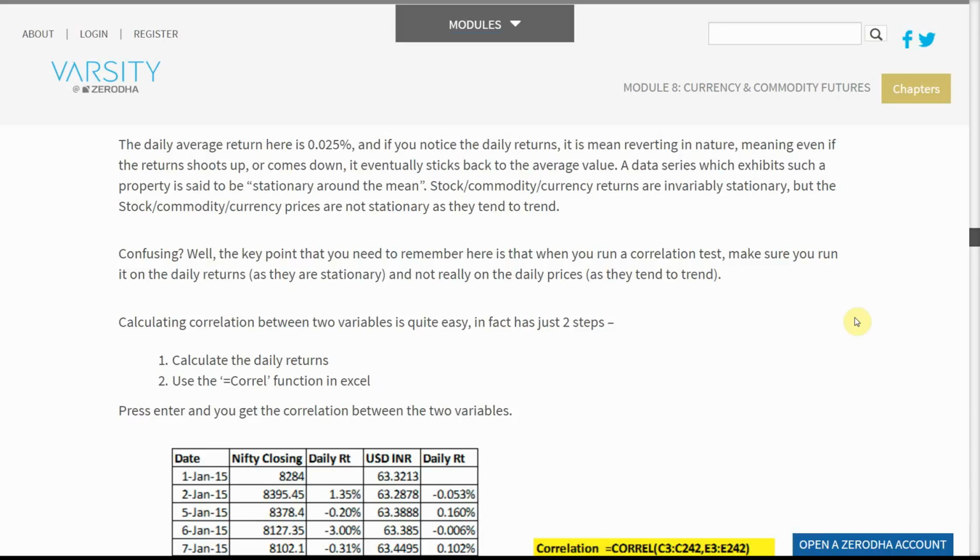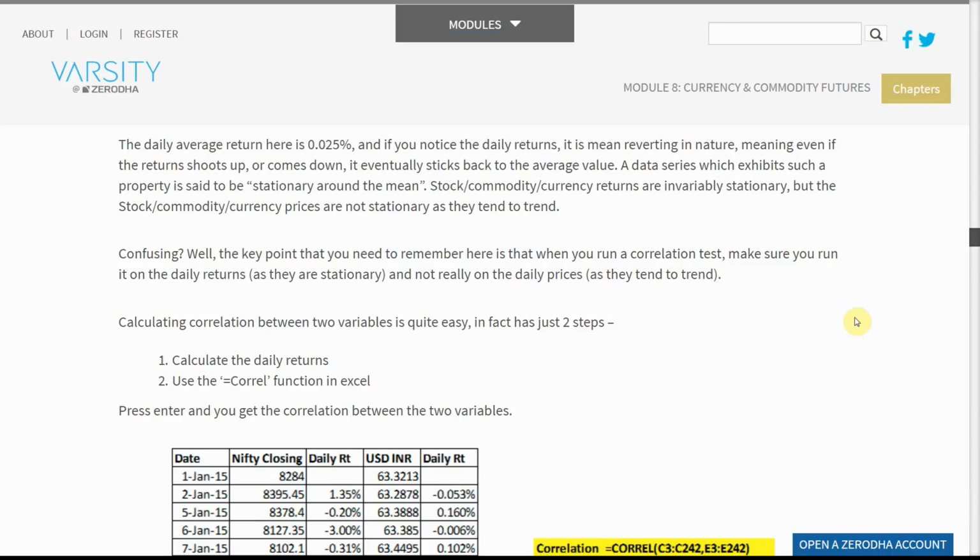But the stock, commodity, currency prices are not stationary as they tend to trend. Confusing? Well, the key point that you need to remember here is that when you run a correlation test, make sure you run it on the daily returns as they are stationary and not really on the daily prices as they tend to trend.